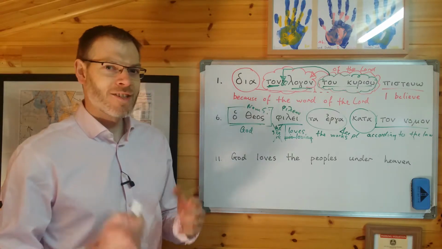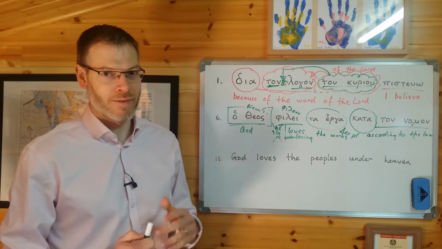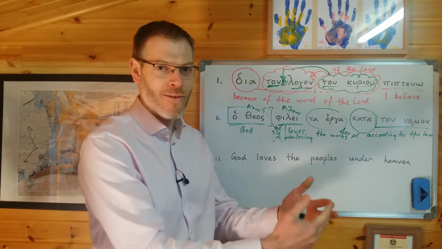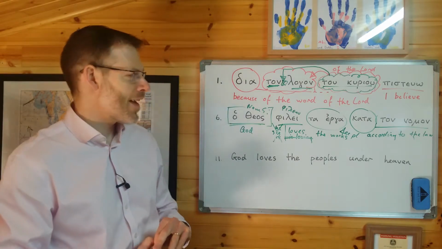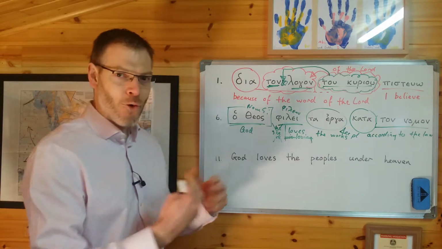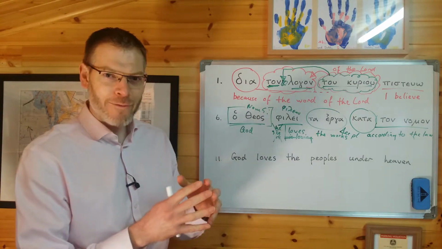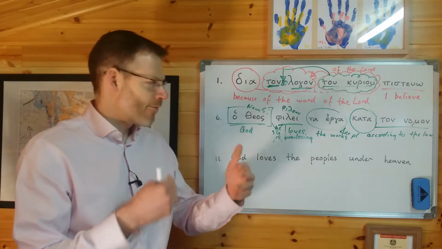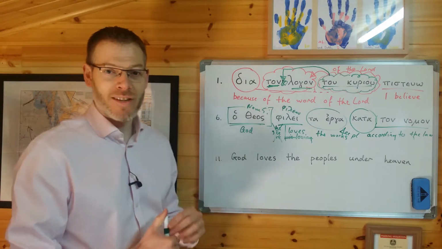What we're trying to do when we translate from Greek into English, or indeed from any language into any other language, is to understand the meaning of the original language. And that can best be conveyed sometimes by a form of words that doesn't quite follow precisely the original phrasing or the original structure of the language you're translating from.